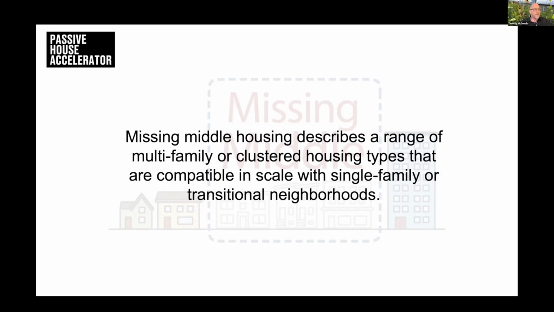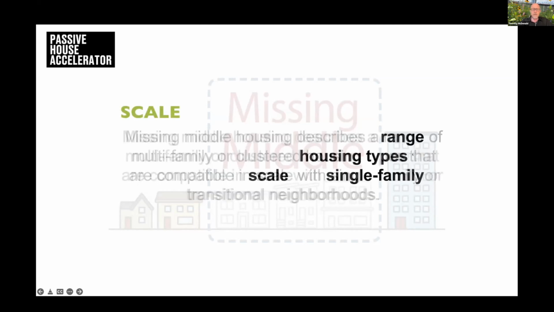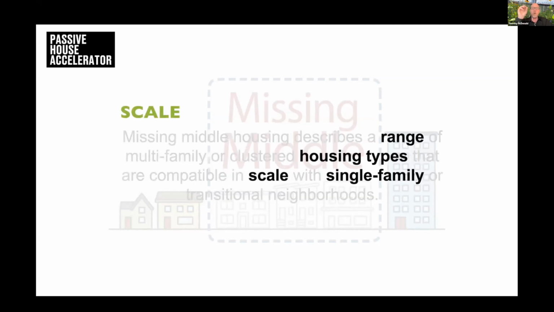Okay, so I get that. It's got something to do with smaller scale buildings in between single family and multifamily buildings. It makes a lot of sense. It's got something to do with typology, obviously, because there are different typologies of buildings. And because of that, it's got a lot to do with zoning.